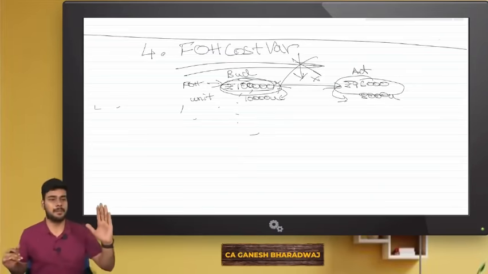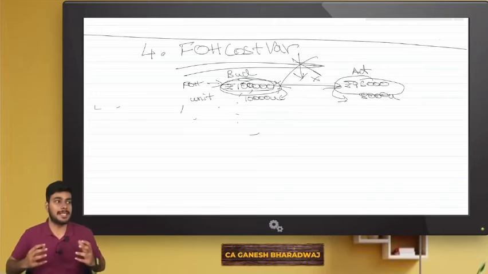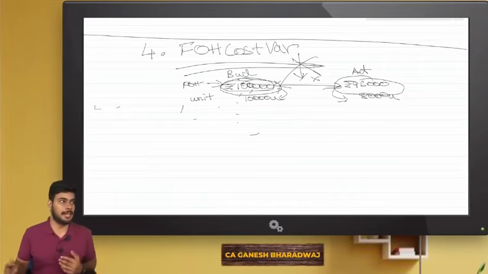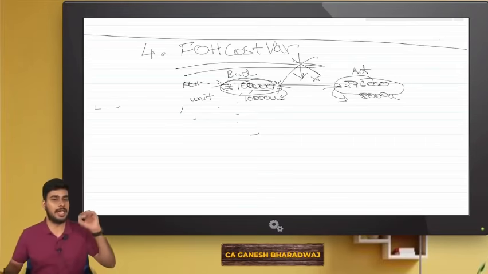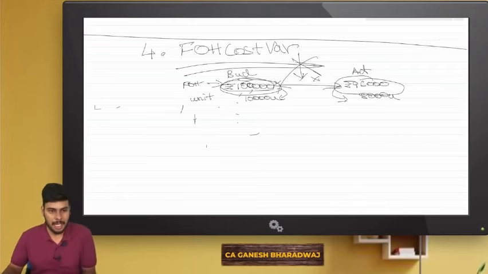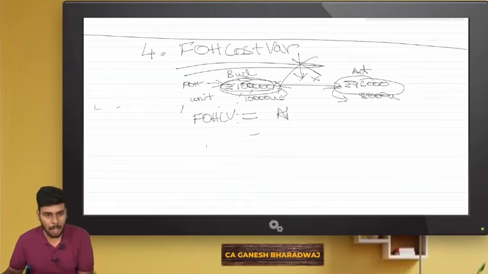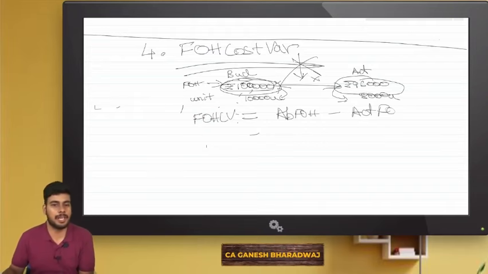Now let's get into this area called fixed overhead cost variance. Now carefully listen. Fixed overhead cost variance is equal to absorbed fixed overheads minus actual fixed overheads.